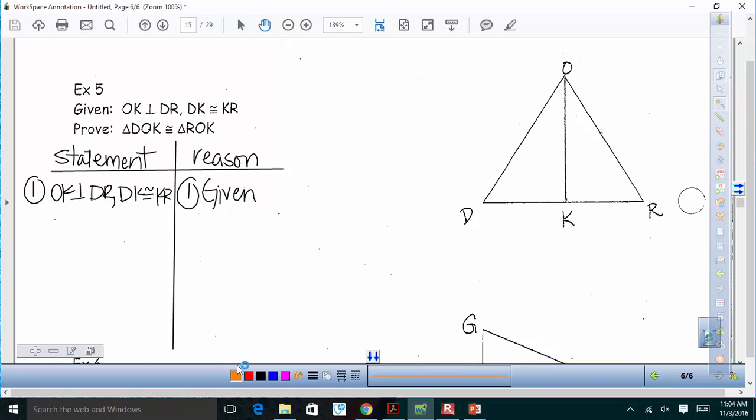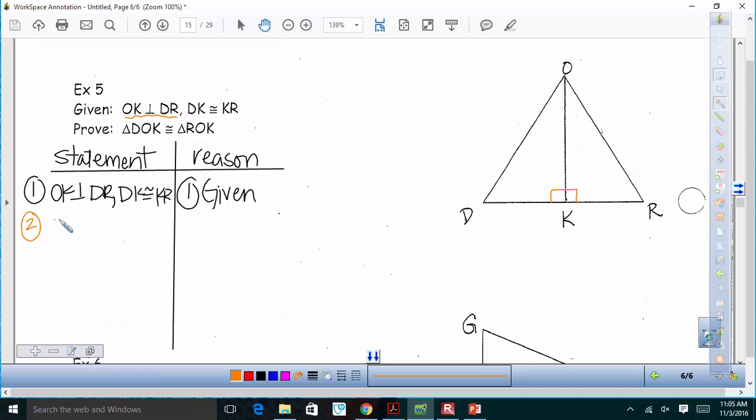Now we're going to label that. So if OK is perpendicular to DR, so where OK hits DR, right here is perpendicular. So what should I draw right there? 90-degree angles. Okay? And so what did I say it meant if both of them are 90? What do we know about those angles? They're congruent. So I need to write that those angles are congruent because it doesn't say it up there.